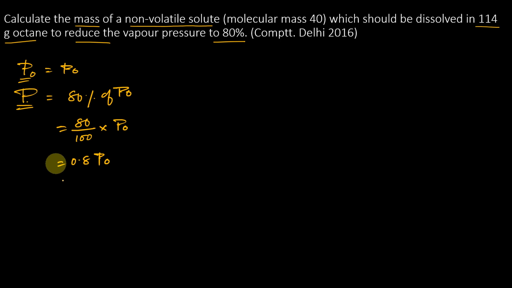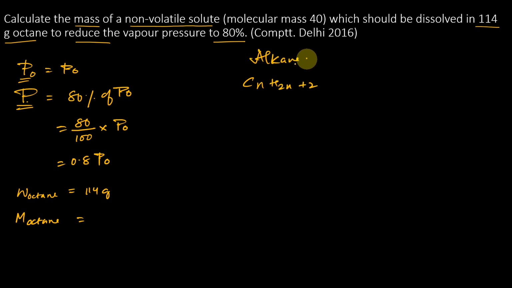Now what is the weight of octane given? The weight of octane given is 114 gram. What is the molar mass of octane? What is octane, by the way? Octane is an alkane, and the general formula of alkane is CnH2n plus 2. Now if you put 8 over here, it will be 2 into 8 plus 2. Ultimately it is C8H18.